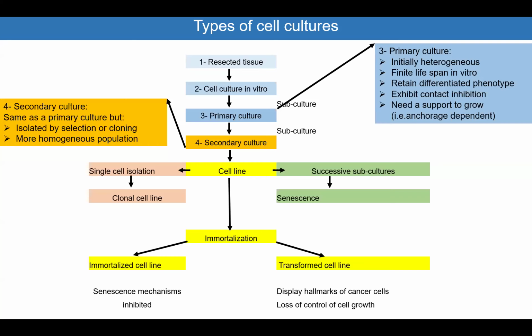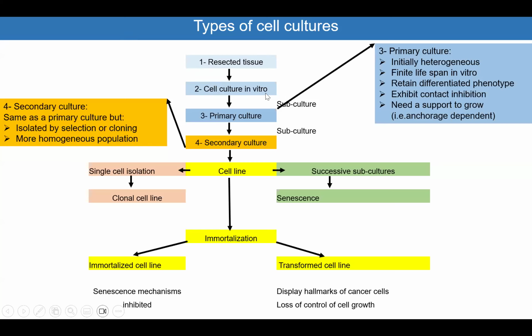So remove the basement membranes and cut it into small parts. After that, you give those resected tissue the right growth medium, and you add it into plates. That would be the first culture you're doing.